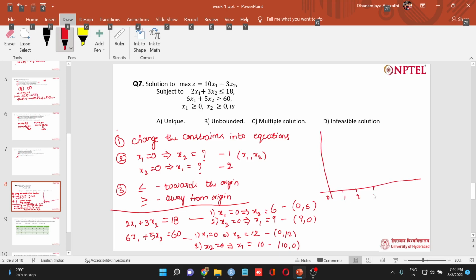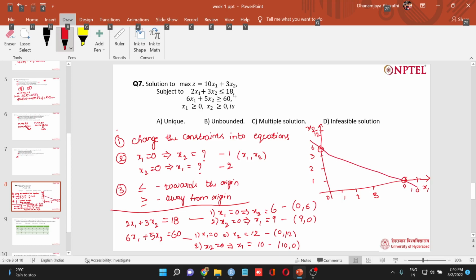The maximum of x1 is 10, and we assume x2 up to 12. The first point is x1 0 and x2 6, and next x1 is 9 and x2 is 0. Then we join them to form the line.